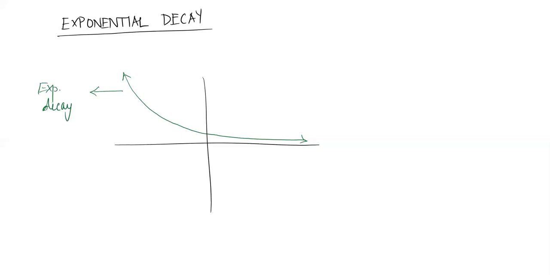And you notice that the formula for this is also the same as the other one, y equals a naught e power kt. And a naught, of course, is the initial value, the initial population, or the population at time 0.